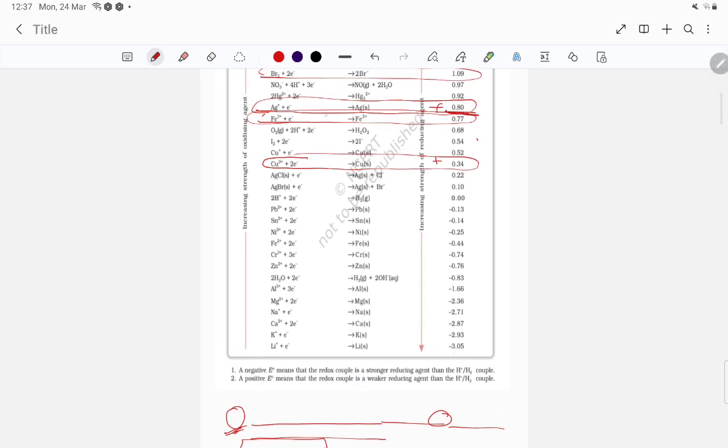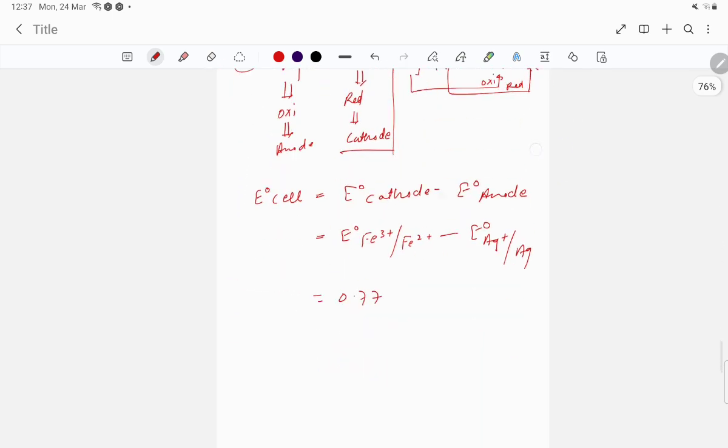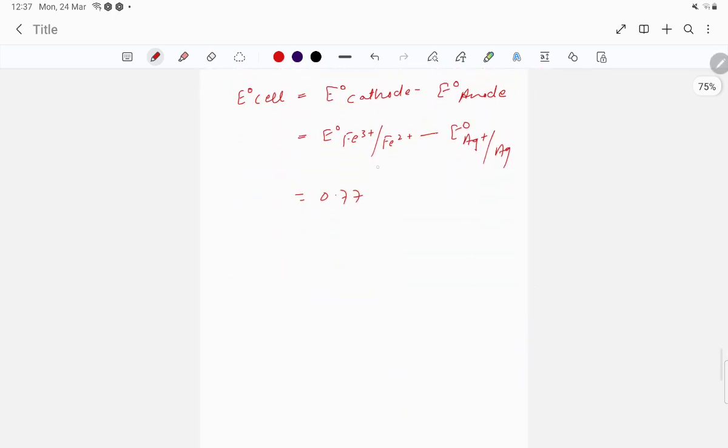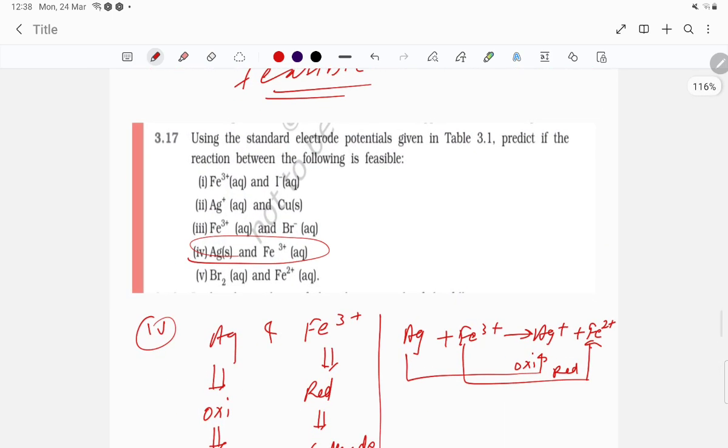Now you can put the value here, dear student. 0.77 minus 0.80, so the value is coming minus 0.03 volt. Since E naught cell is negative, the reaction is not feasible, dear student, right? So the fourth portion we have completed.